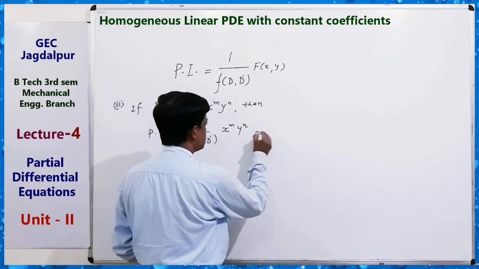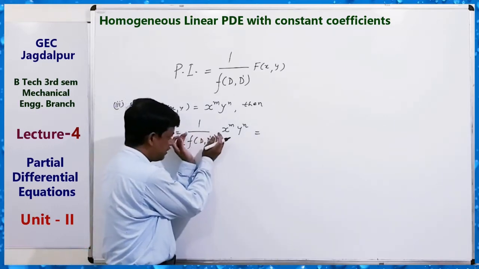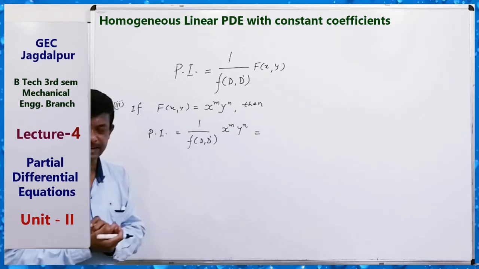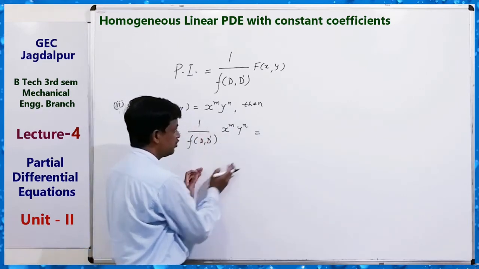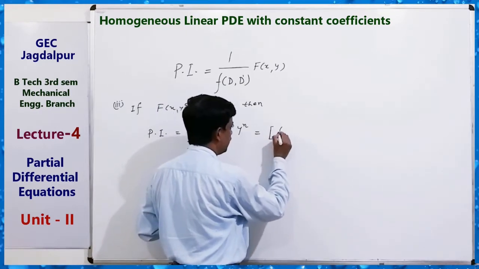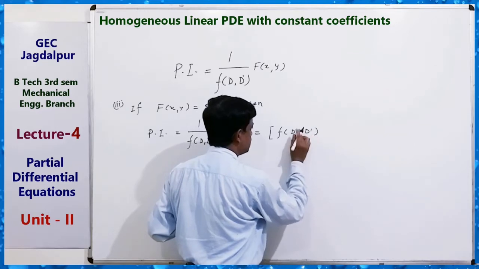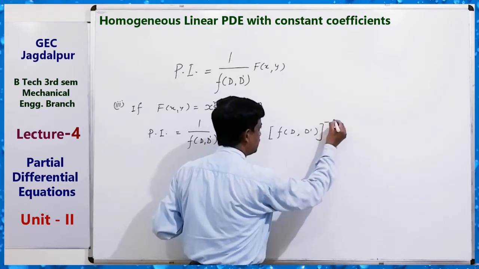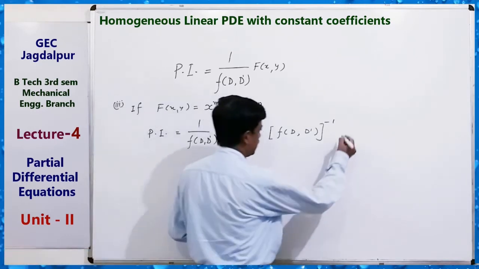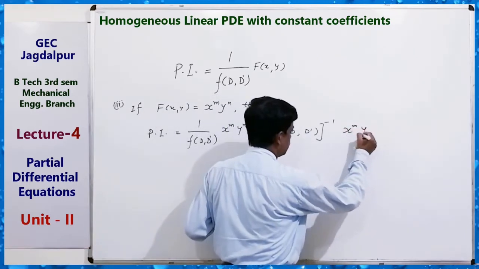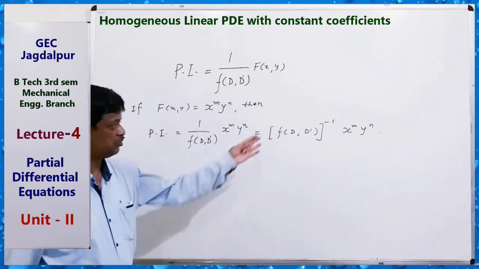This is a function of D and D dash, so we can take it to the numerator as f(D, D dash) inverse, and here x to the power m, y to the power n. Now we can use the binomial theorem to expand this.